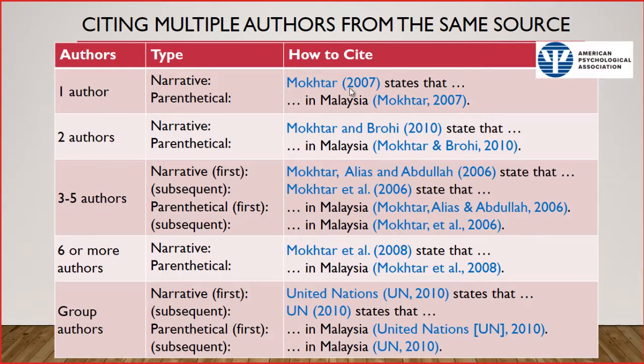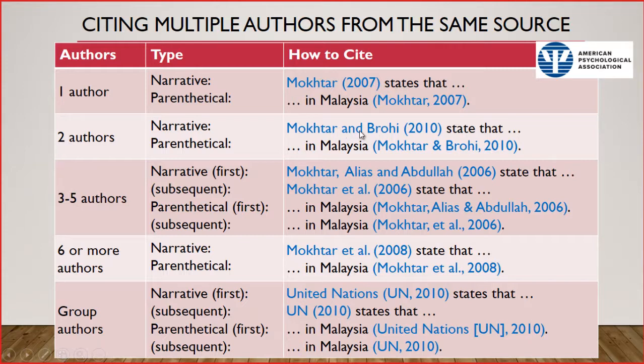Now, what if you have two authors? Two persons in one article. You have narrative, let's say two persons, Mohtar and Brohi. Brohi is actually my PhD student from a long time ago from Pakistan. So Mohtar and Brohi: because this is part of the sentence, you must use 'and'.